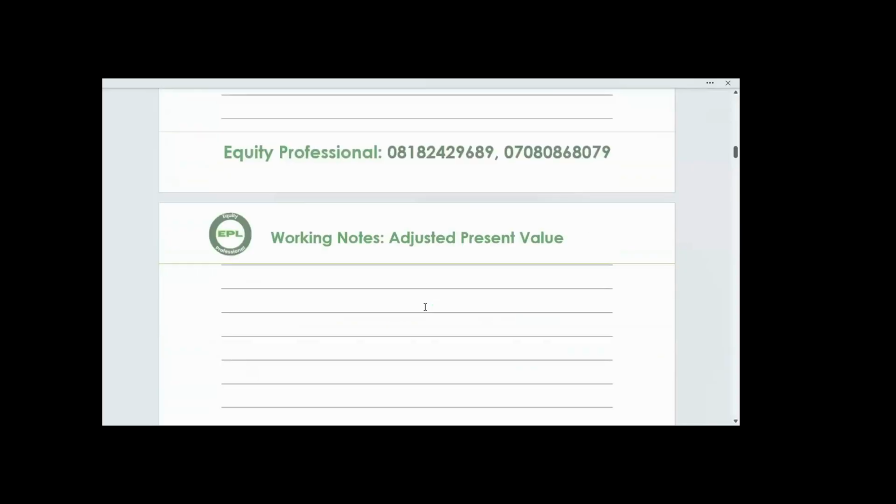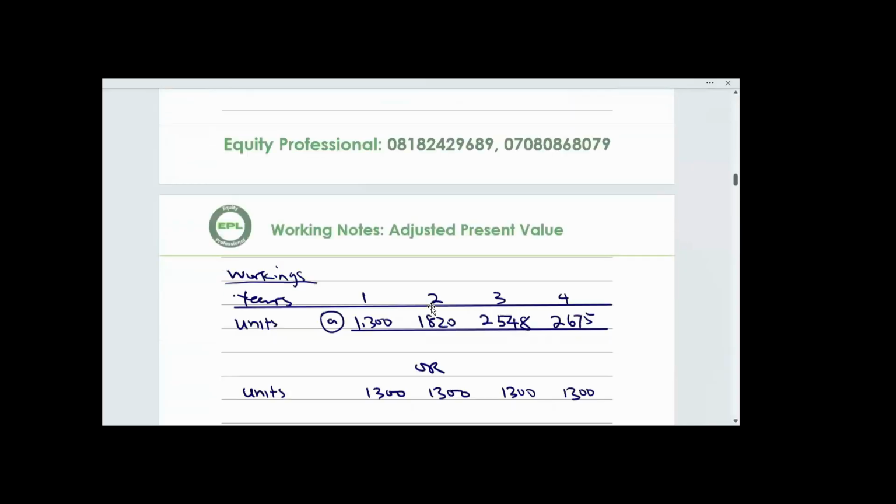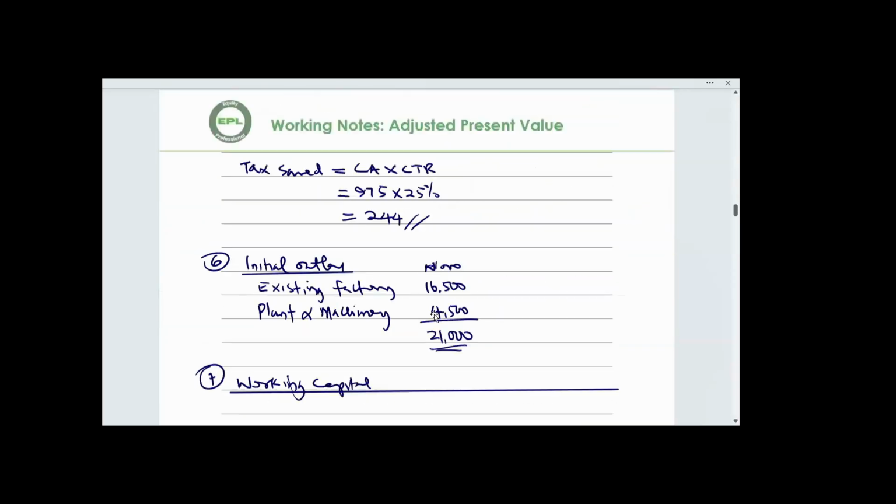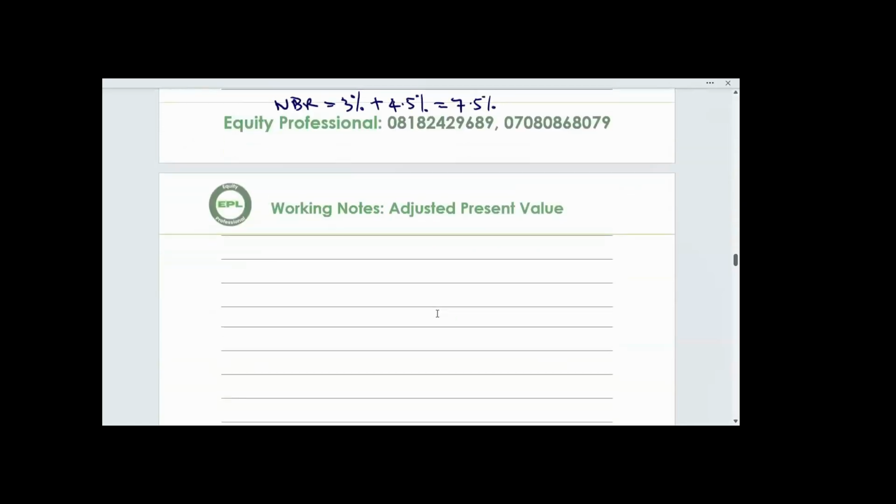We want to calculate PV of issue costs. Let me just go to the last page so that I don't squeeze myself for space. Number 14. I want to calculate PV of issue cost.